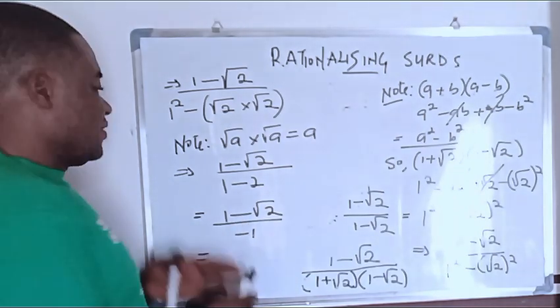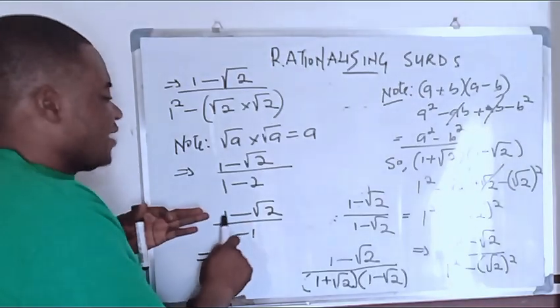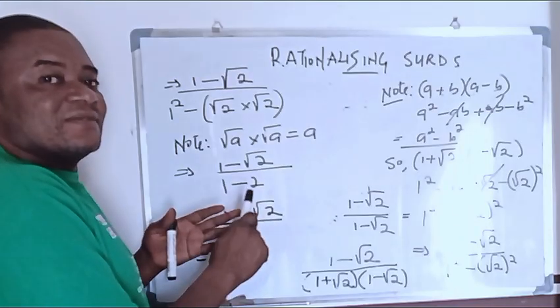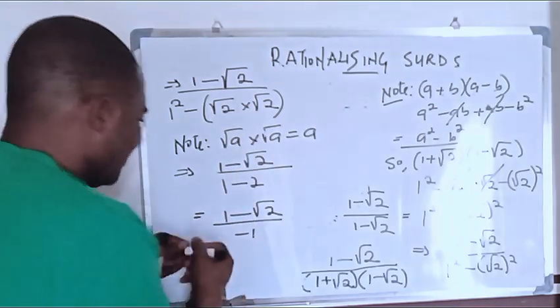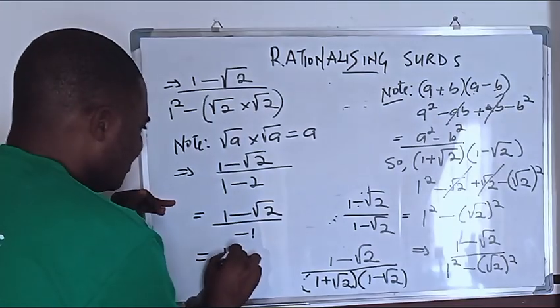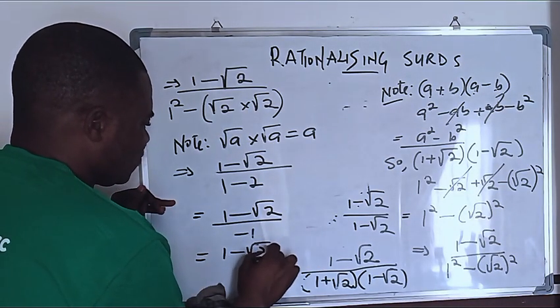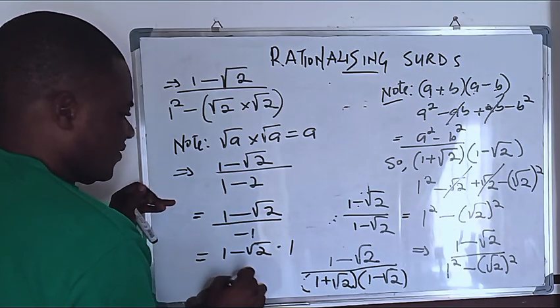So if you now multiply by changing the division sign, you have 1 minus 2, okay, times minus 1 over 1. So you will now have something like 1 minus 2, okay, times 1.